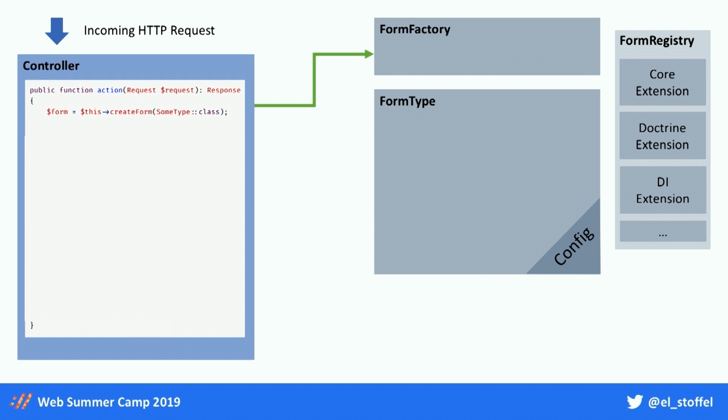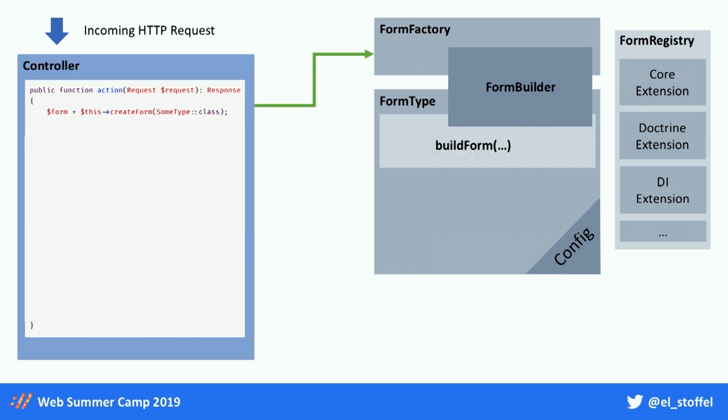And after that, the form factory will instantiate a builder, a form builder. And I'm pretty sure you saw the form builder before, because that is given to us in the buildForm method of the form type. So we can work on the instance of the form builder to add fields and configure behavior, for example.